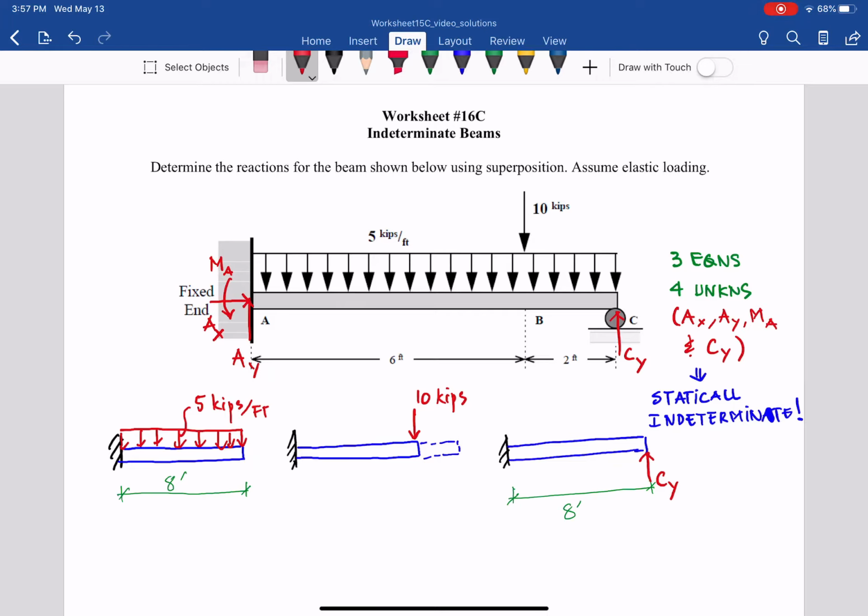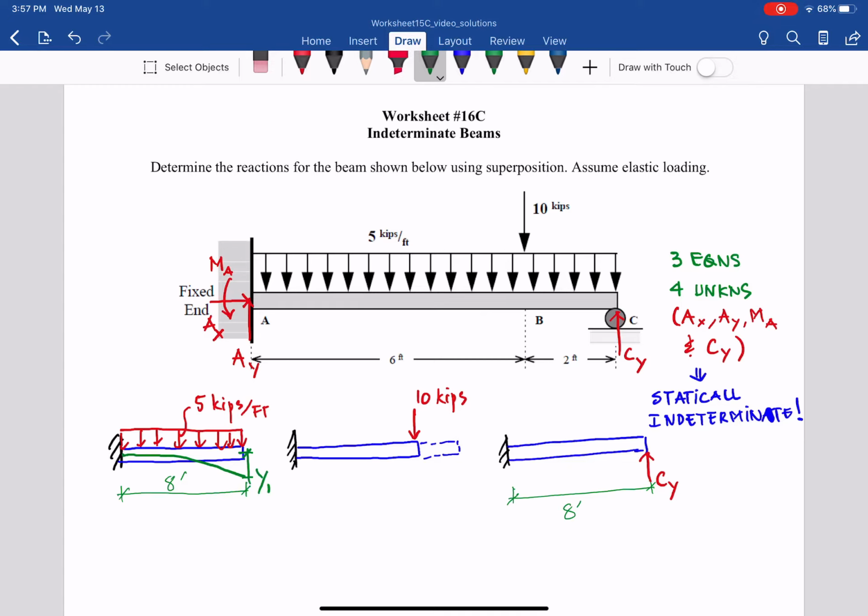So what do we have in that scenario? With the 5 kips per foot, the beam will deflect down, and that deflection at the end, 8 feet, we call y1.